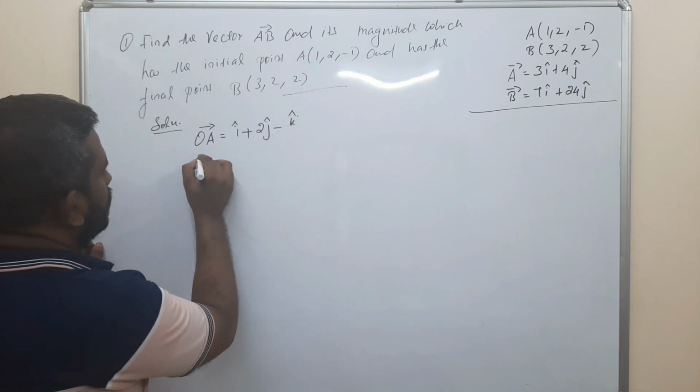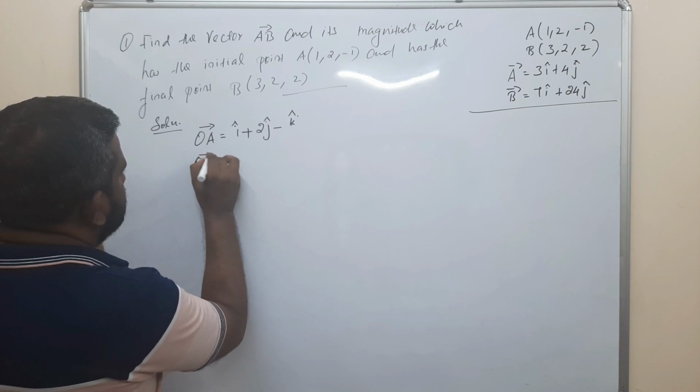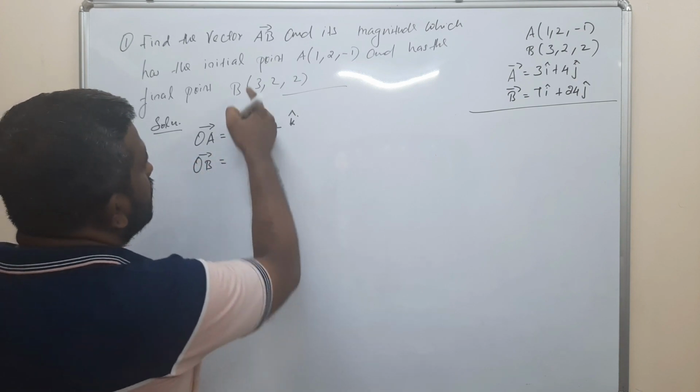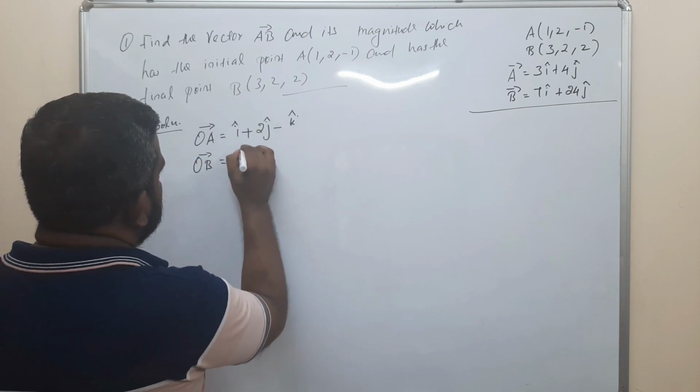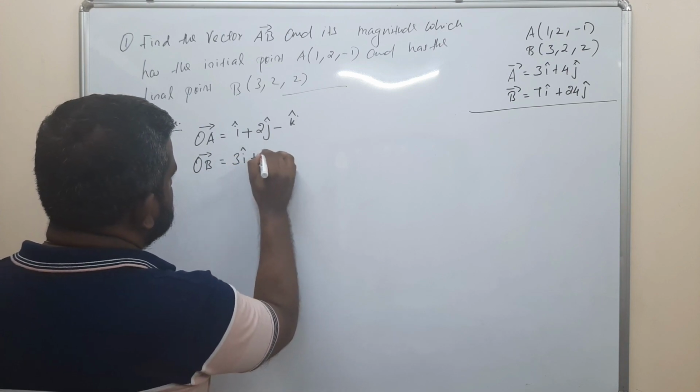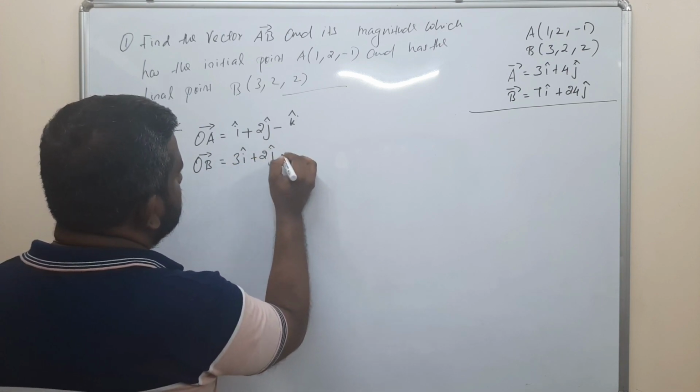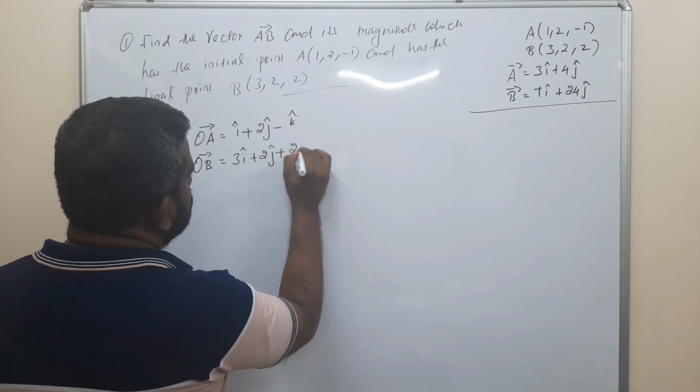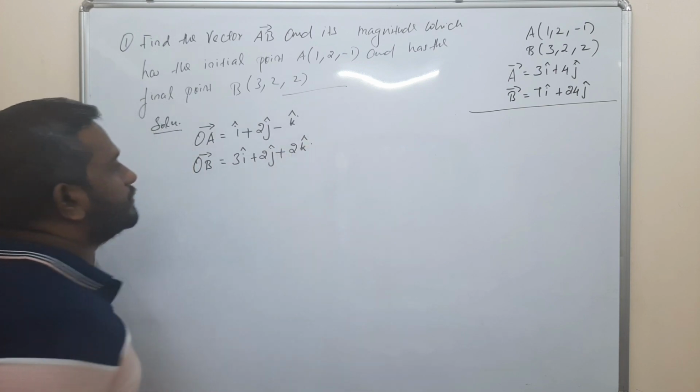OB vector is equal to 3 i cap plus 2 j cap plus 2 k cap.